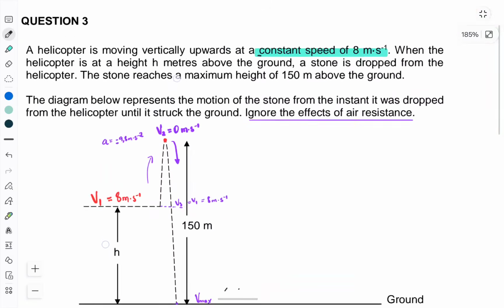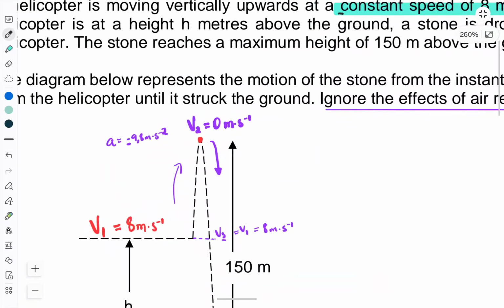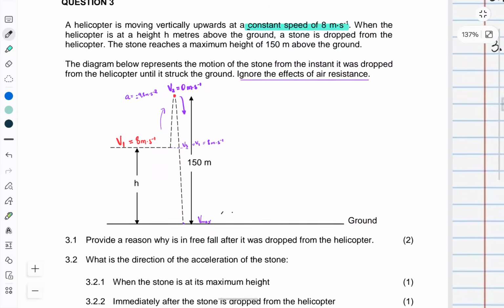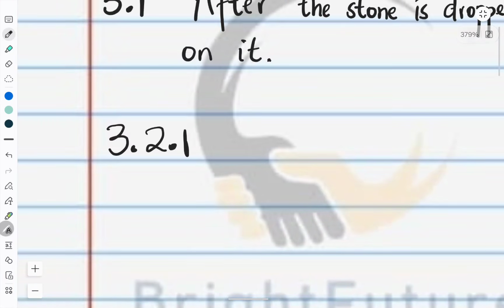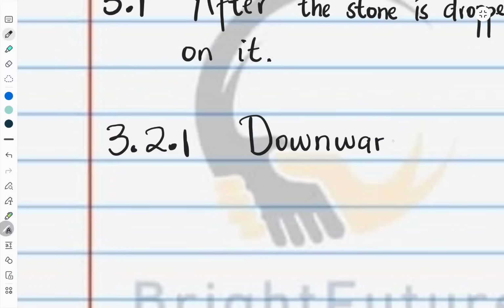It's what I was explaining here. The only acceleration acting on the stone is gravity, and that gravity is always acting downwards. So the acceleration of the stone is downwards during its entire motion, by the way, because the only thing acting on it is gravity. So the answer here is simply downwards.